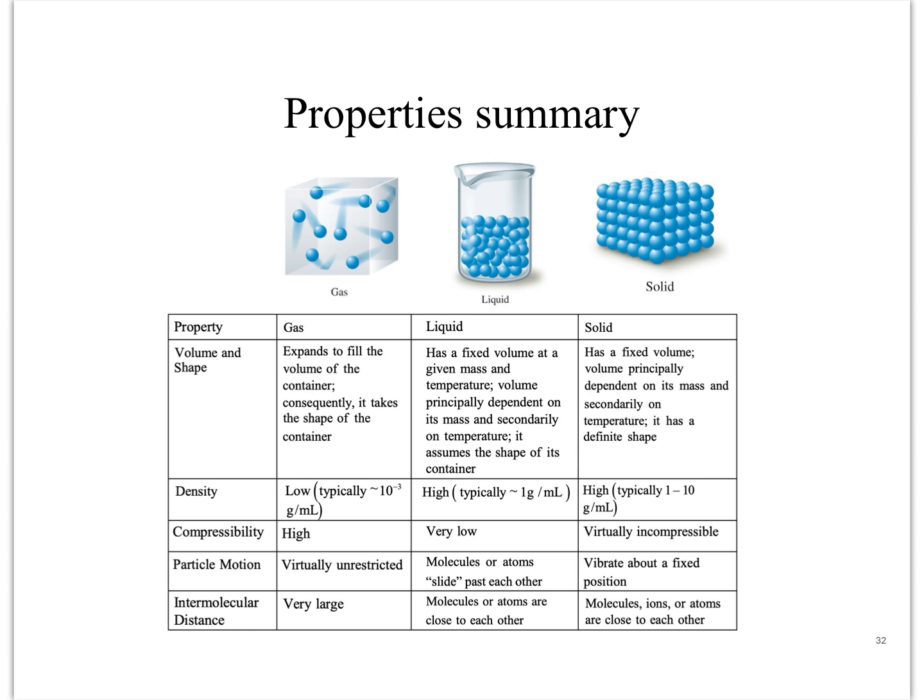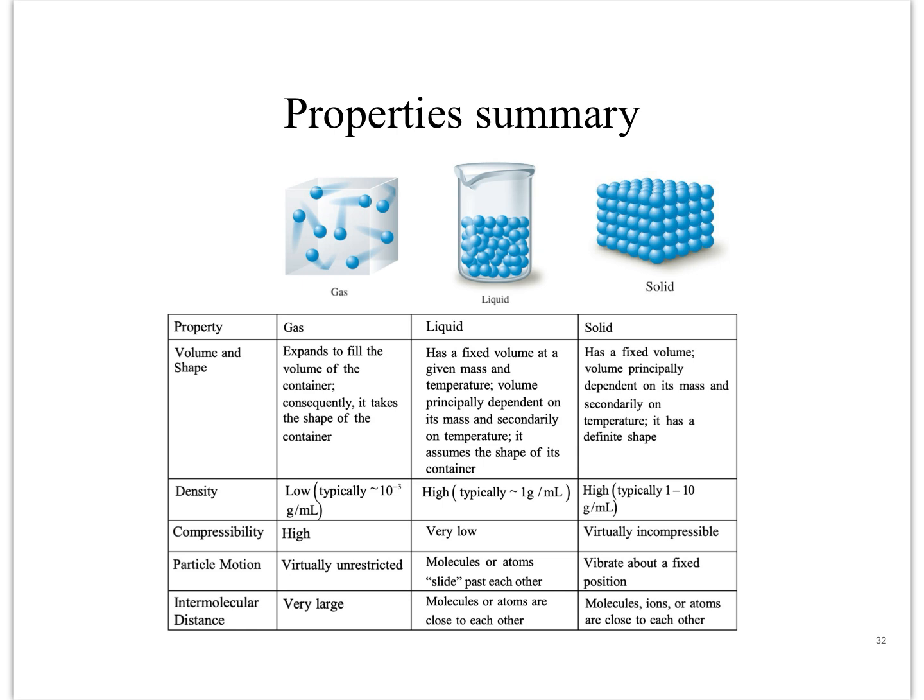For density, because gas molecules are far apart from each other, in a certain volume you will not have a lot of gas molecules, meaning the density is low. Compared to gas, liquid and solid both have a higher density, because you have many more particles or molecules inside a certain volume.